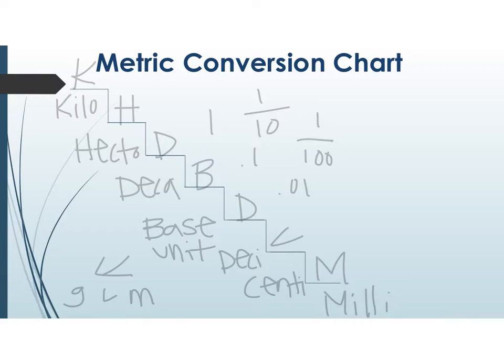And then a milligram is going to be 0.001 grams, or in fraction form, 1 over 1,000th of a gram. On the flip side, a decagram would be 10 grams, and a hectogram would be 100 grams, and a kilogram would be the same thing as 1,000 grams.